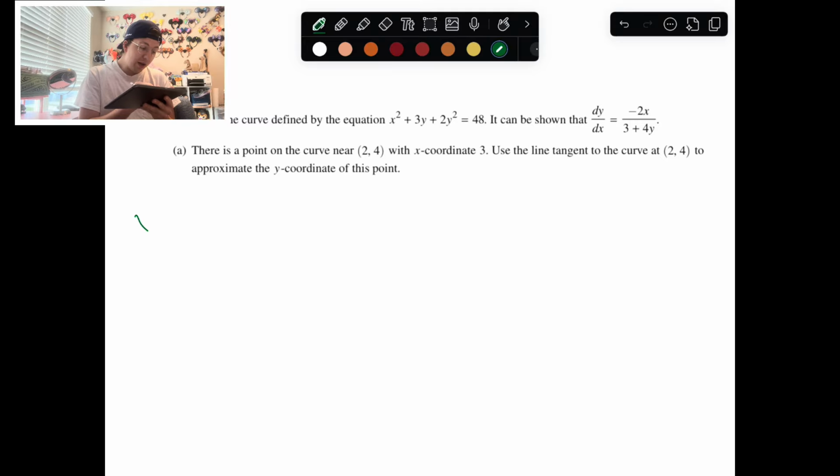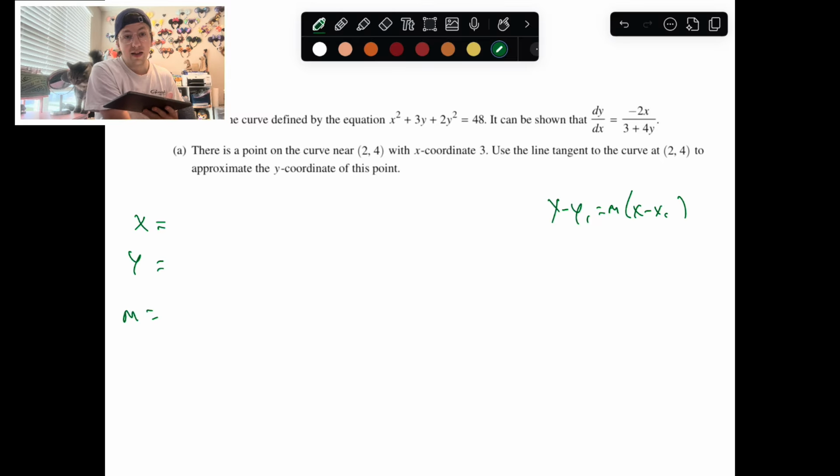So we need an x, we need a y, and we need an m to create this y minus y1 is equal to m times x minus x1 line, and that's going to create that tangent line approximation. All right, so our x value is going to be 2, our y value is going to be 4, and our slope at this point, we just got to plug in dy over dx.